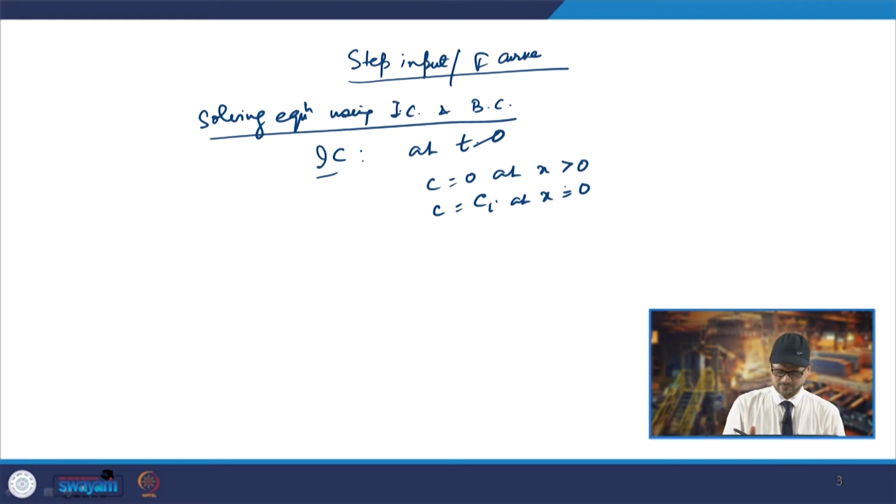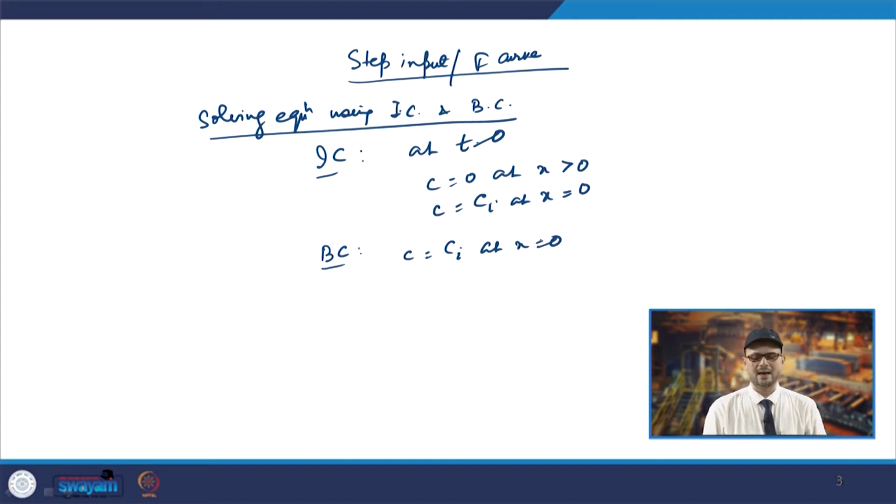And the boundary conditions will be C equal to C I at x equal to 0, and then at x equal to L, it will be C at x equal to L.